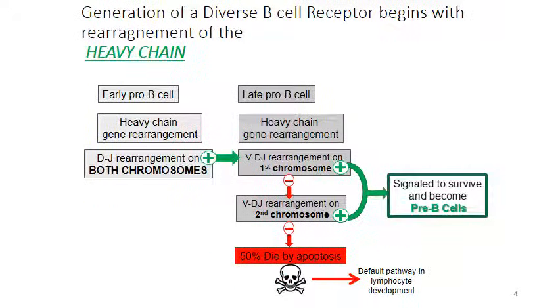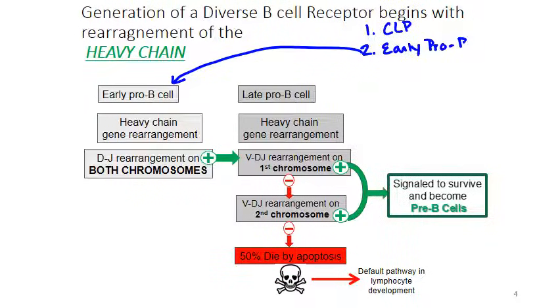Okay, recall on an earlier slide that I said there were a lot of stages. The first stage was the common lymphoid progenitor stage, where it's moving through the bone marrow. The second stage is the early pro-B cell. During the early pro-B cell, we're going to have random rearrangements occurring spontaneously in the exon regions.